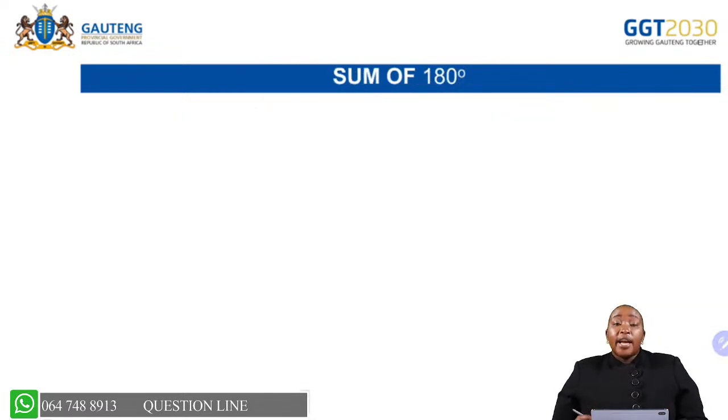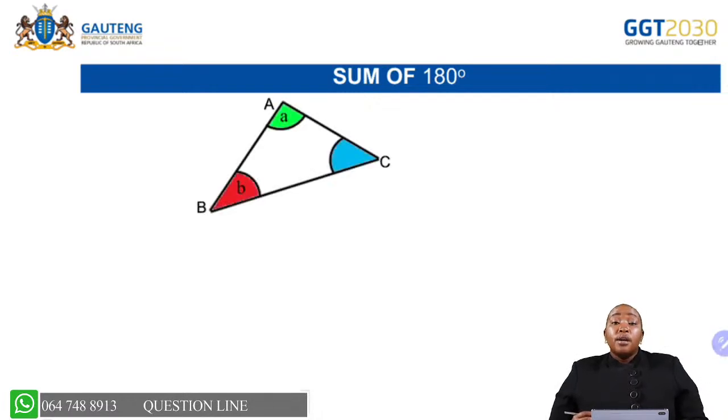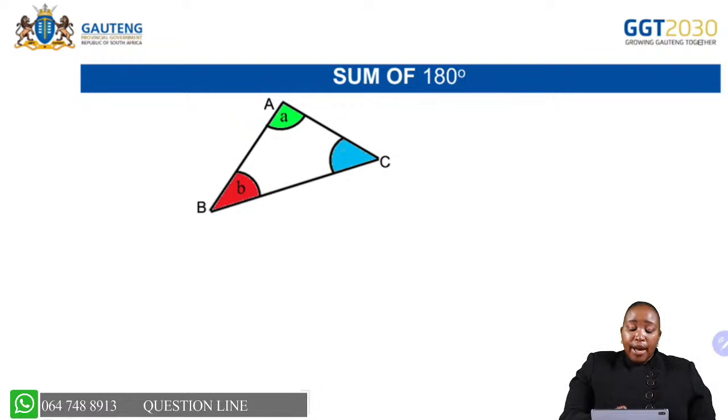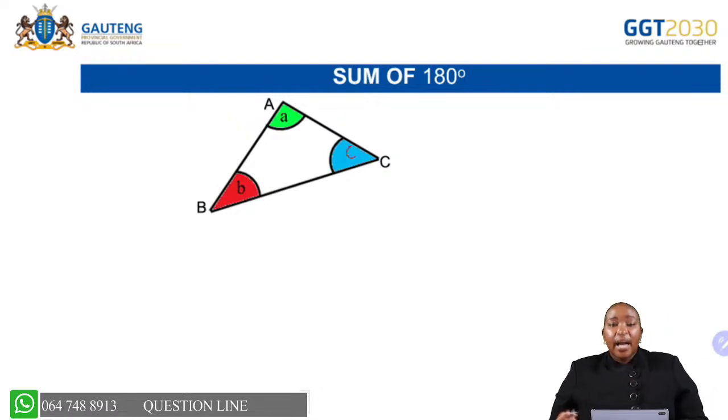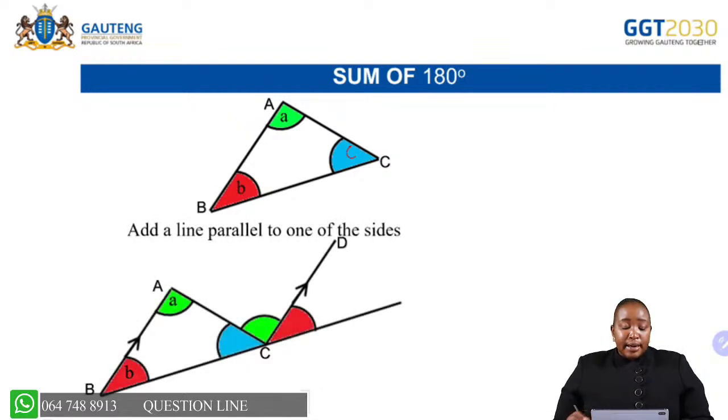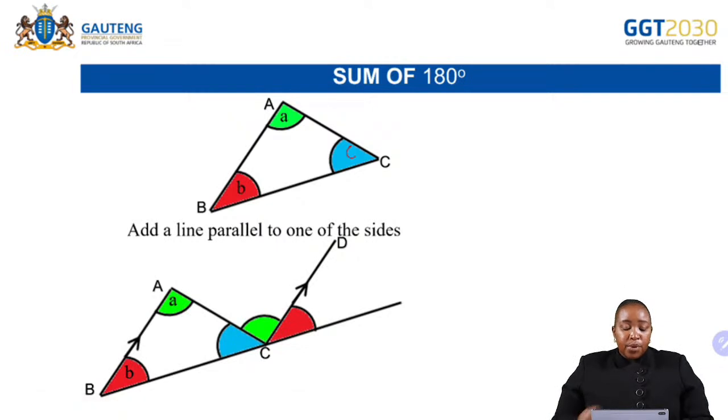Now let's investigate a bit about the sum of the angles inside a triangle. We're given a triangle here, triangle ABC, and it has all the angles. We can call this blue angle angle C, but they are color coded, so you'll be able to notice them. The first thing we are going to do is to construct a line, and that line will be parallel to AB.